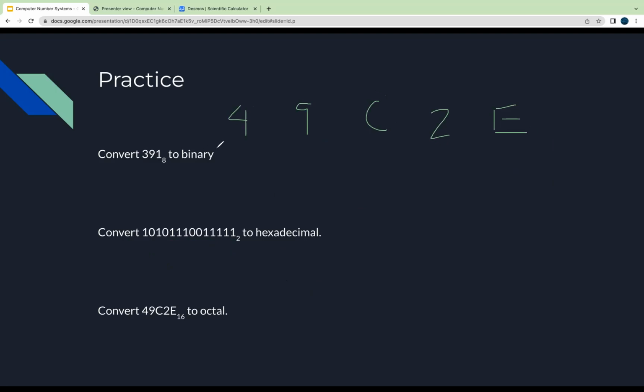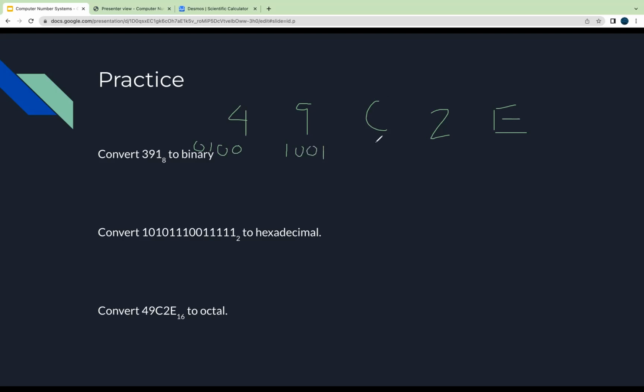Okay, so first we have to convert, this is base 16, so let's convert that to binary. 4 becomes 0, 1, 0, 0. 9 becomes 1, 0, 0, 1.